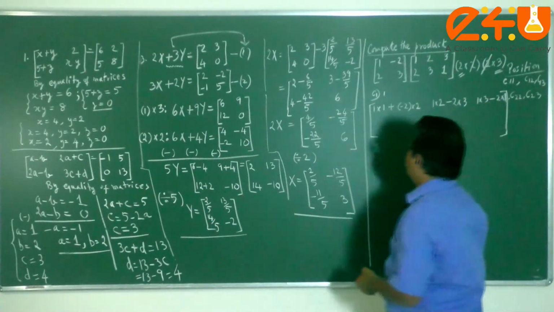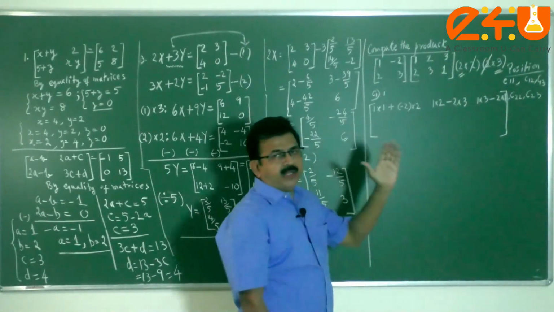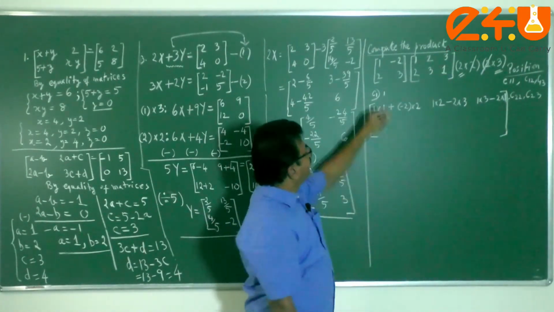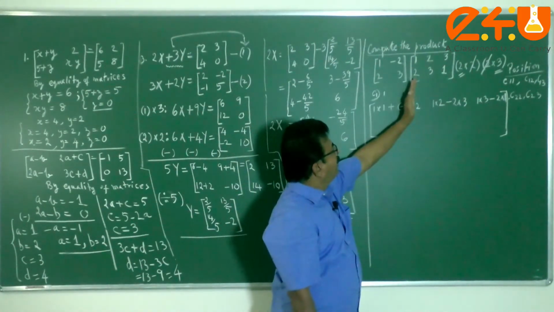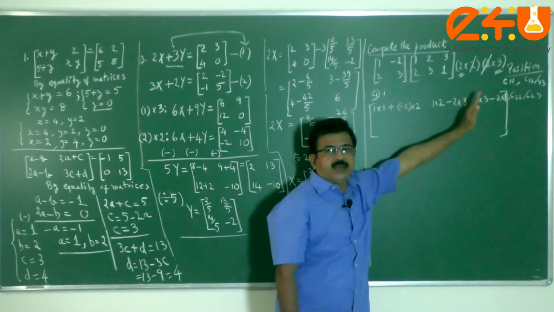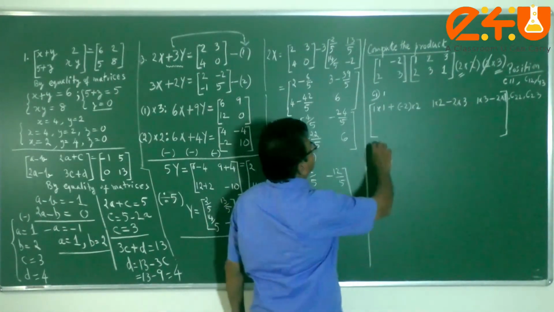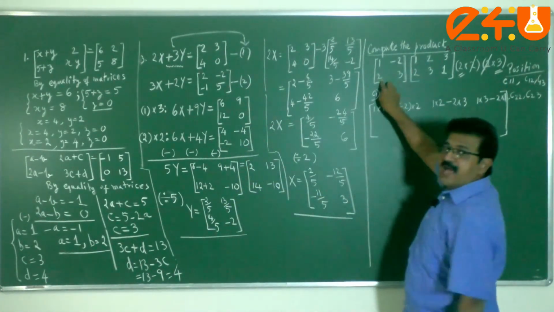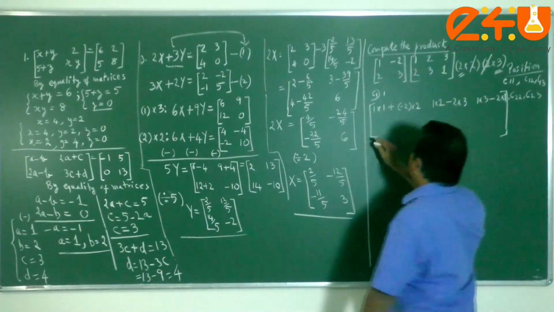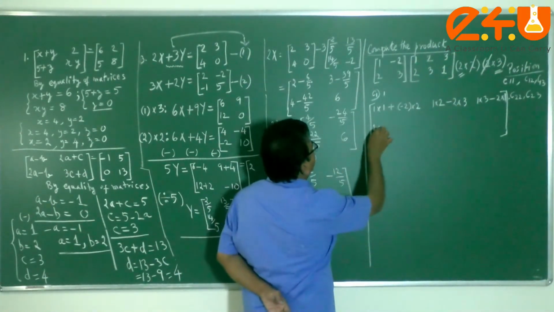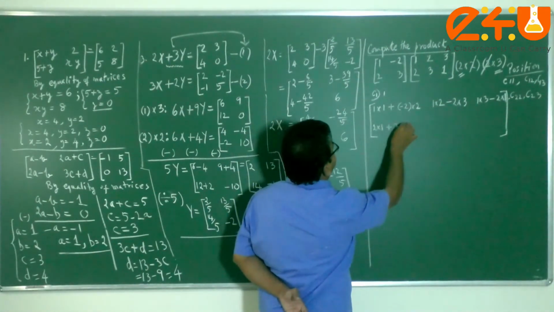And once that is done, do the same thing with the second row taken from the first matrix, and column 1, column 2 and 3 taken from the second matrix. Let's do it. I hope students are clear now. The elements to be paired: 2 into 1, 3 into 2. So let me write it: 2 into 1 plus 3 into 2.